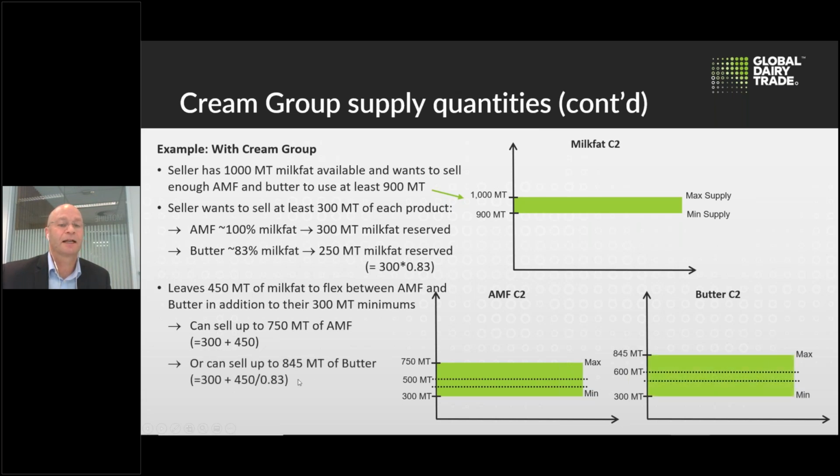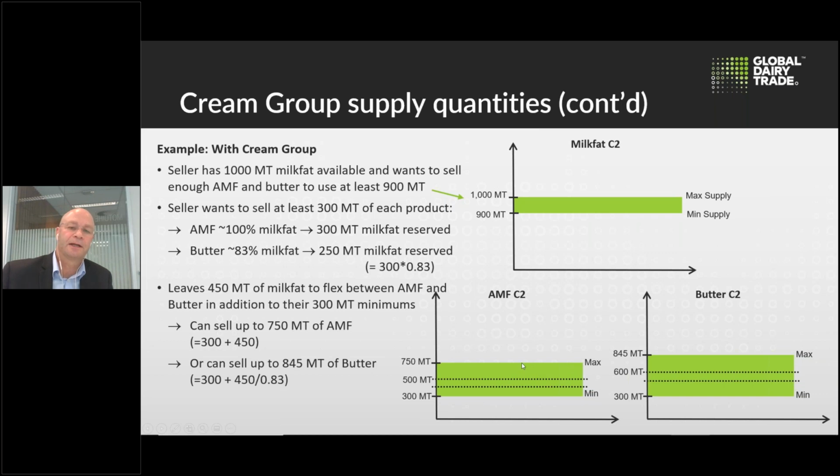Or you can sell up to 845 of butter, because there's the 300 you put aside as a reserve, the minimum, and then if you use all of the 450 metric tons of milk fat and multiply by the fact that it's only 83%, you get to 845.